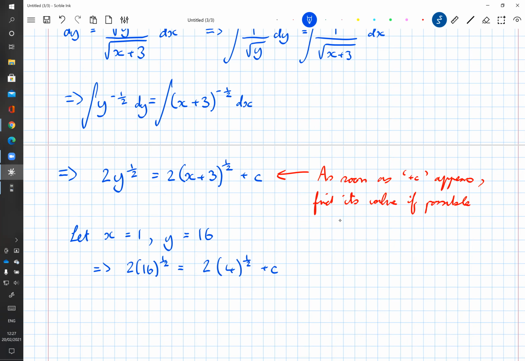So 2 lots of 4, 8. 2 lots of 2 is 4. So 8 take 4 is 4 equals C. And then just conclude with the answer.